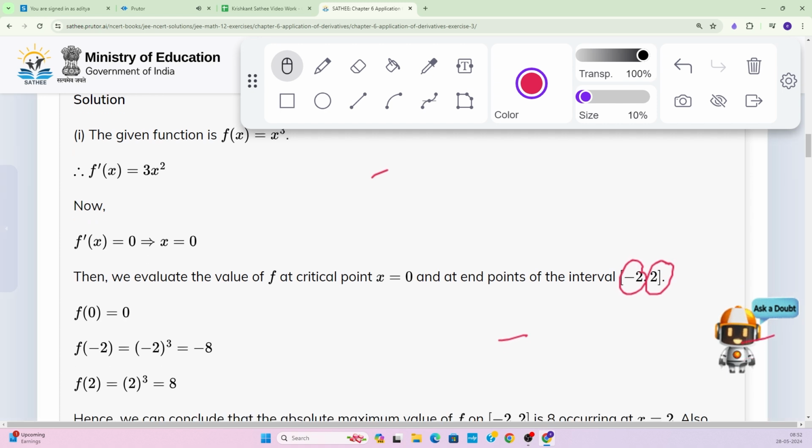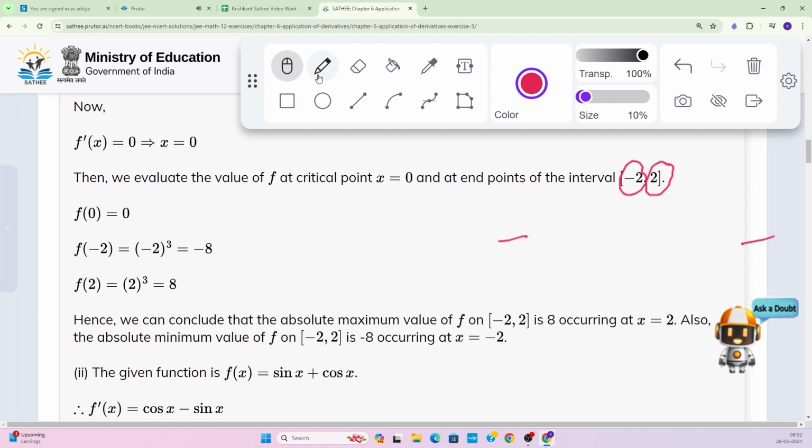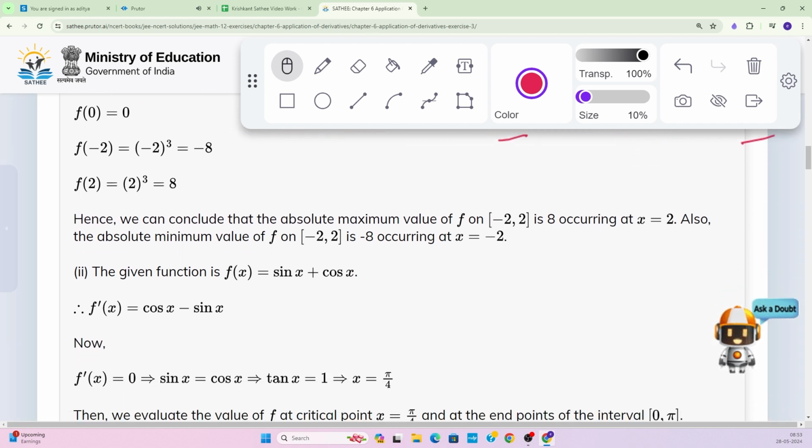Then you will get minus 8 and 8, minus 8 from minus 2 and 8 from 2. So we can easily conclude that the absolute maximum will be 8, occurring at x = 2, and the absolute minimum value will be minus 8, occurring at minus 2. Simple.